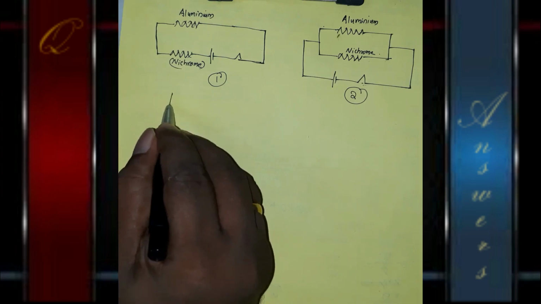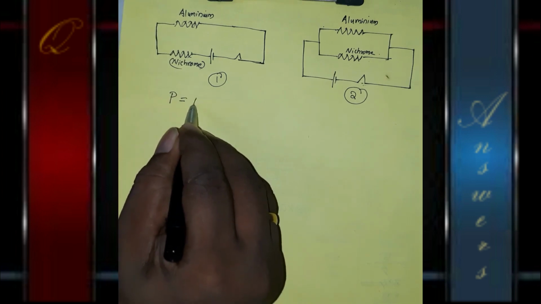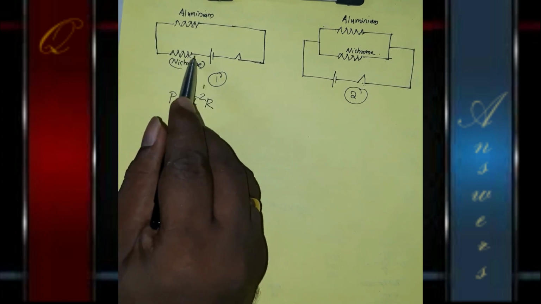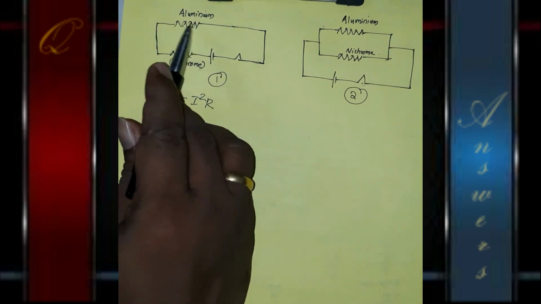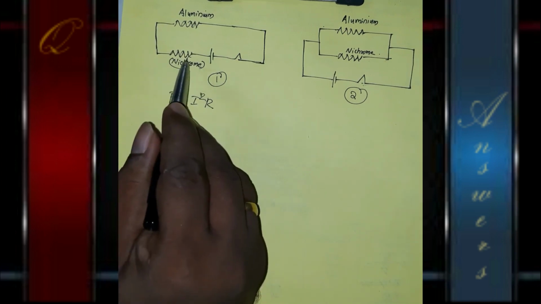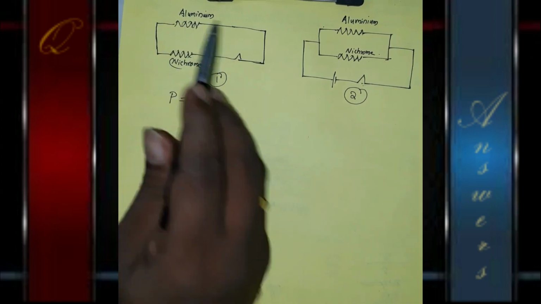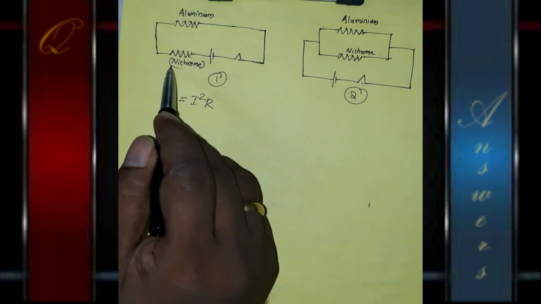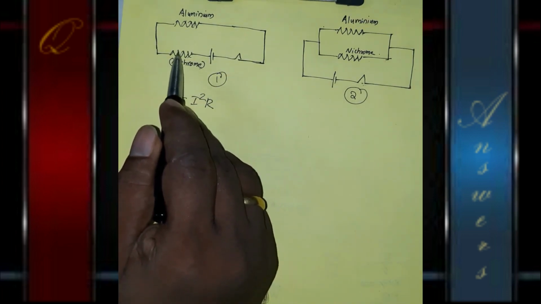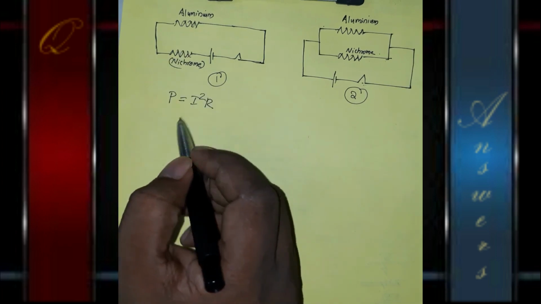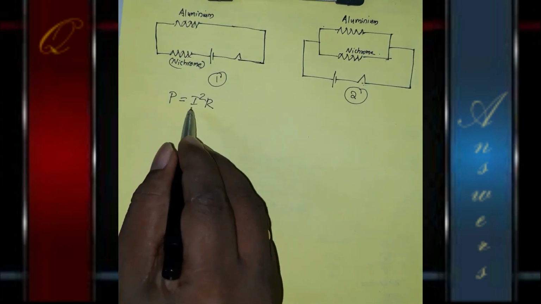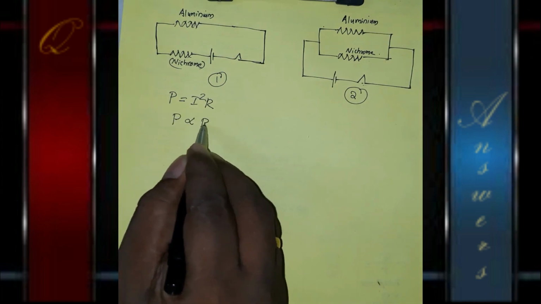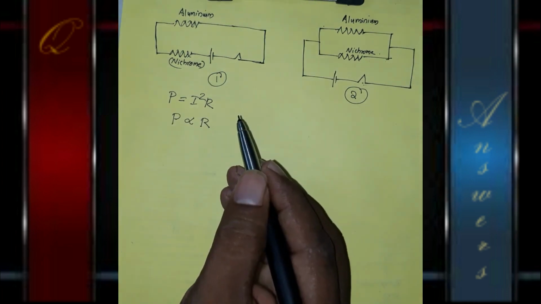Power can be calculated by P is equal to I squared R, where I is the current passing through this wire, and R is the resistance of nichrome or aluminium. Here, as the connection is series, the current passing through nichrome and aluminium is the same, or current is constant, or you may write P is proportional to R. P is proportional to resistance.